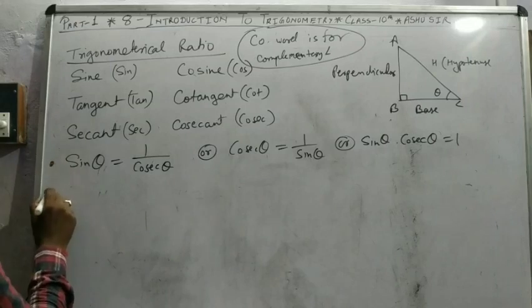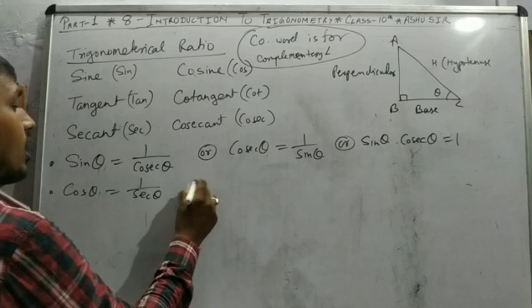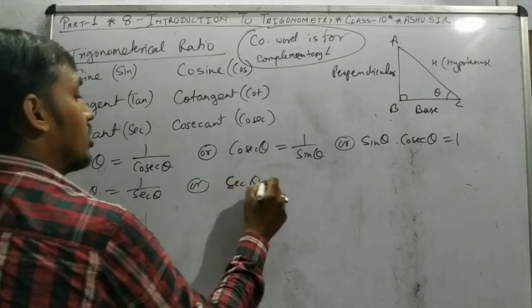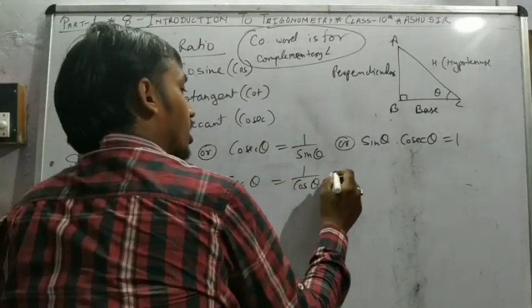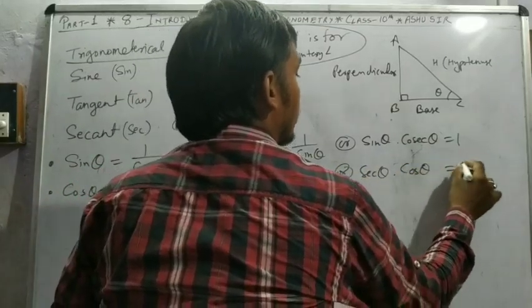Same, cos theta is the reciprocal of sec theta, sec theta is the reciprocal of cos theta, sec theta into cos theta is equal to 1.